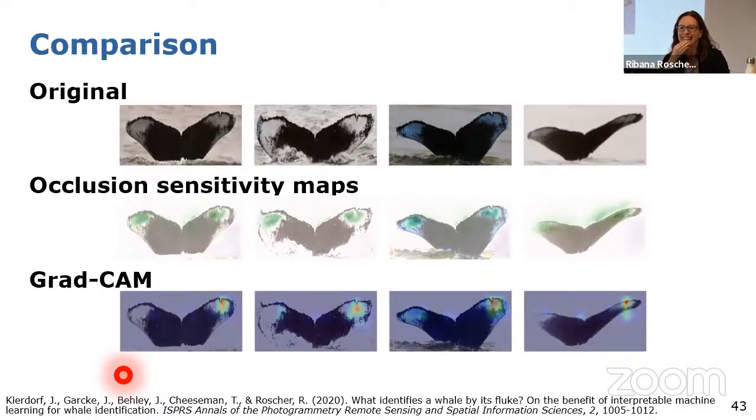Do these heat maps correlate with the position the expert chooses? We have a newer publication where we tested another approach. I did not show it here. There we gave him images, and he needed to say why he thinks it's the same whale or not, and then we compared it.